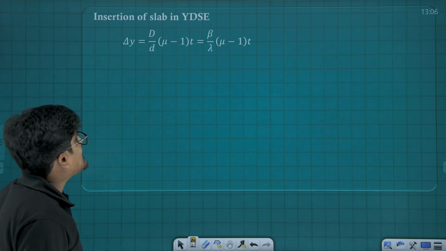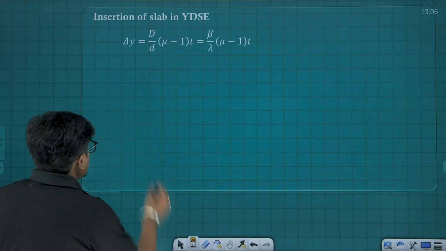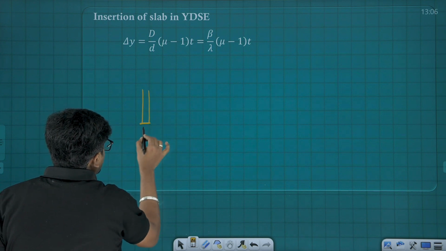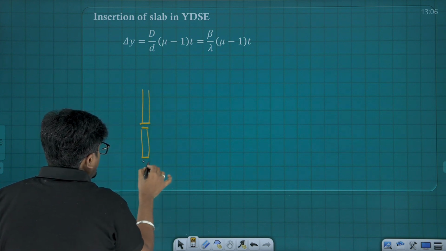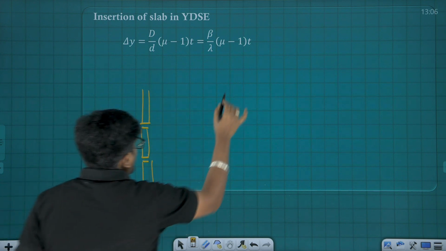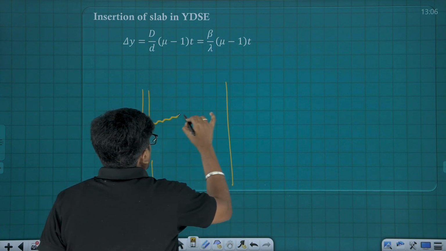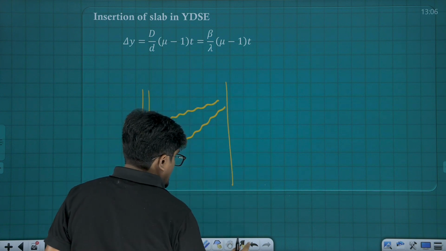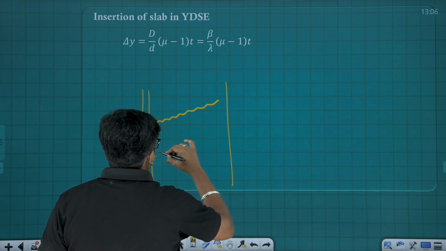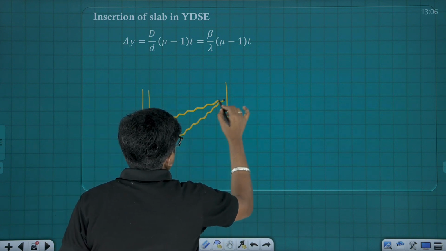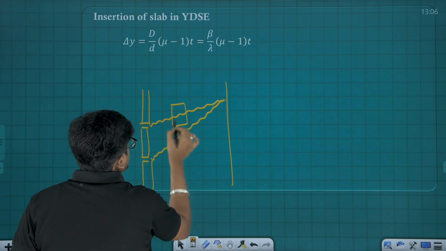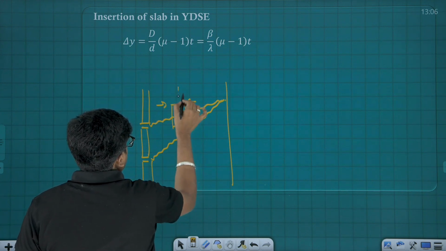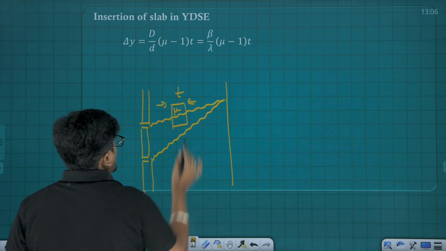Moving to the next, that is, what if we insert a slab of thickness T in front of the wave coming from S1 as well as S2. Okay, I am inserting a slab like this. Here this is of thickness T and refractive index mu.